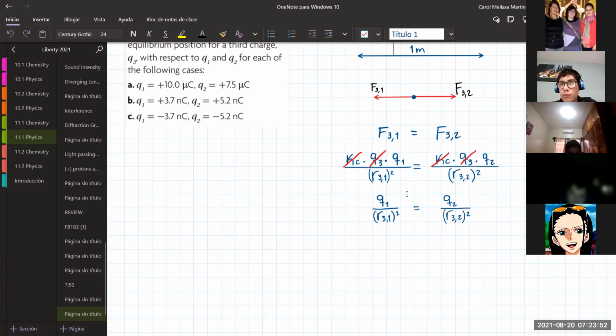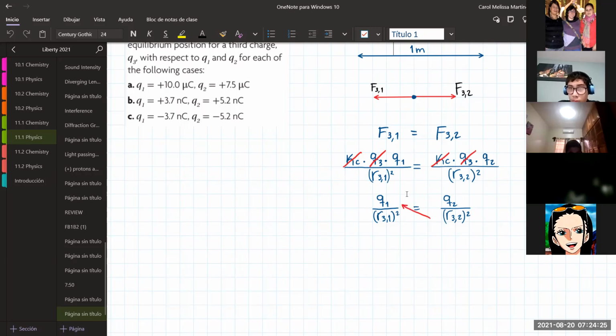Now that I have all this, I'm going to leave my r's on one side and my q's on the other side. To do that, I need to make a cross multiplication. The one that is dividing, I will send to the other side to multiply.